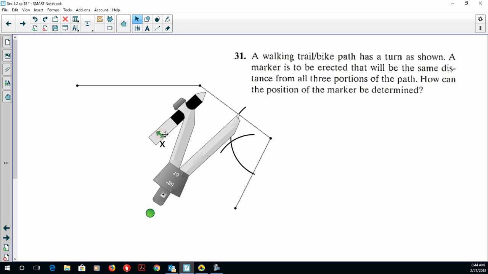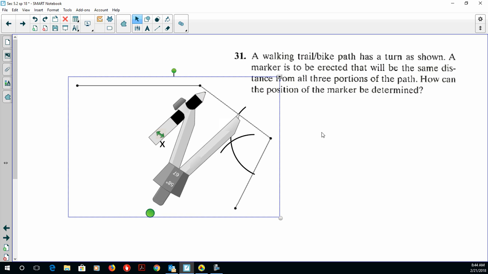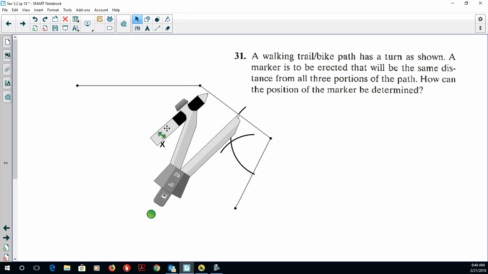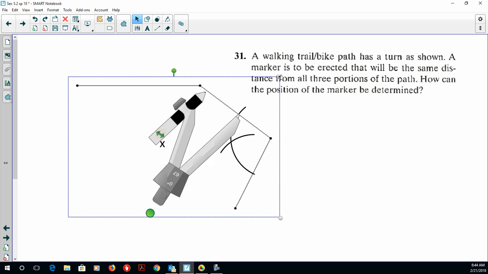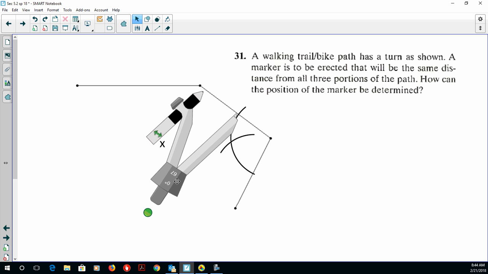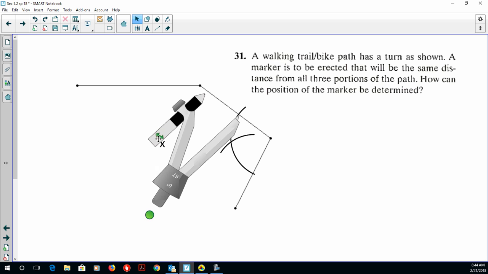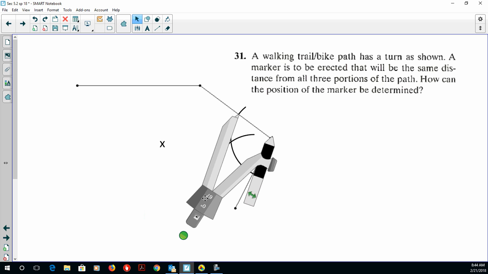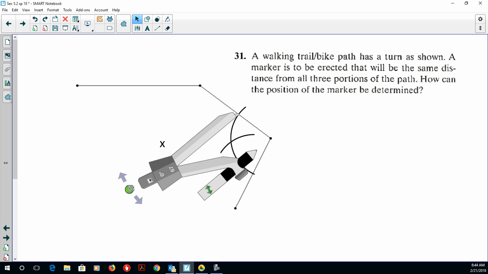Just messed up here. I can't seem to get this, stupid thing. Okay, put your pointy end down over here, and there we go, without changing. Now draw this, and where these two curves intersect, that gives me a point on the bisector.